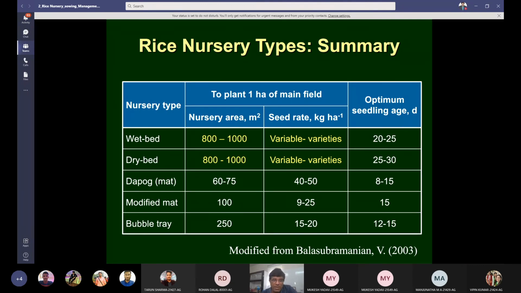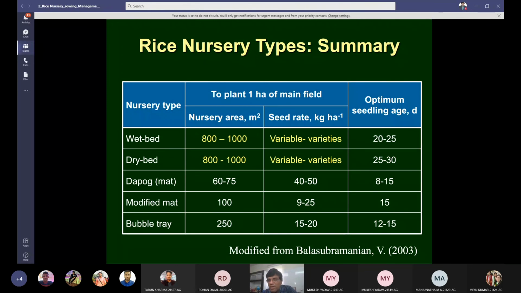Wet bed nursery area is generally 800 to 1000 square meters for 1 hectare transplanting, in wet bed as well as dry bed. Similarly, seed rate varies with the variety. I told you how seed rate varies. And then optimum seedling age for wet bed is 20 to 25 days, which is very common in India.